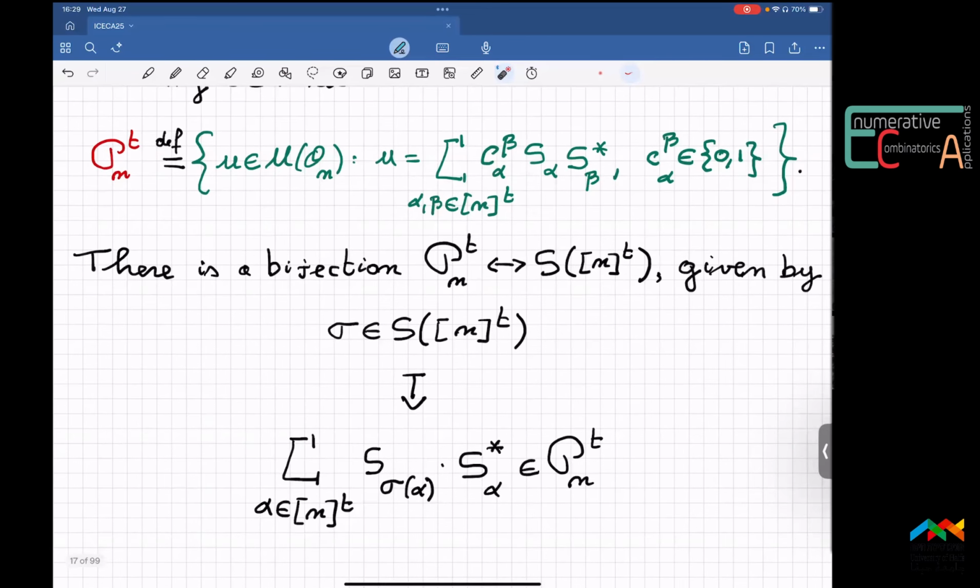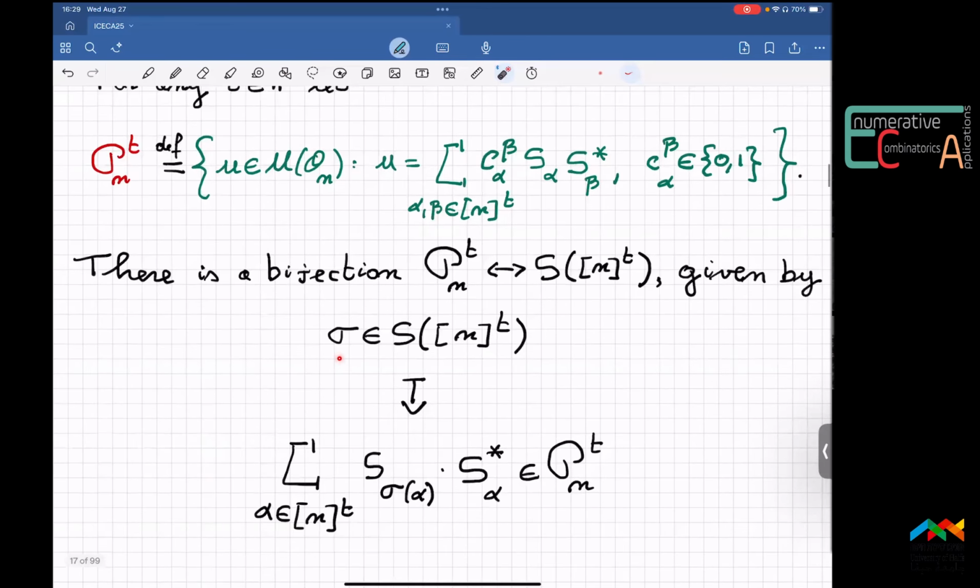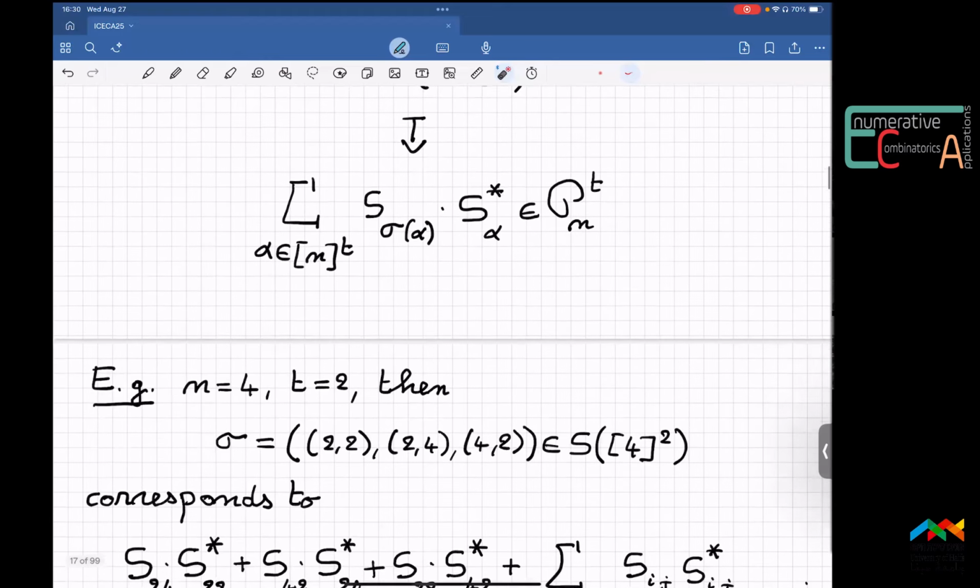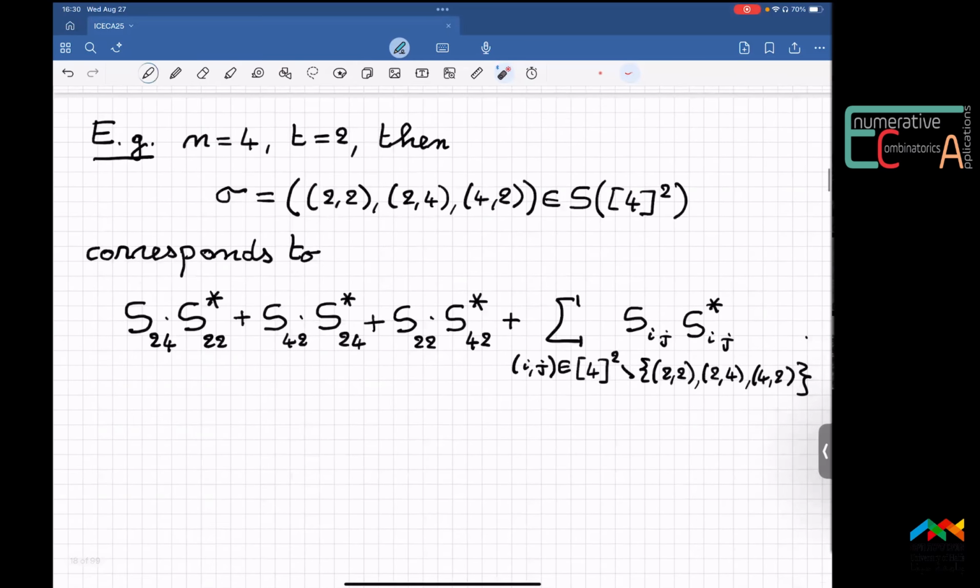So what's the unitary corresponding to sigma? You just take S indexed by sigma of alpha, and S alpha star. So I'll illustrate this with an example. Suppose n is 4 and t is 2, and I have this 3 cycle in 4 square. So what's the corresponding unitary?